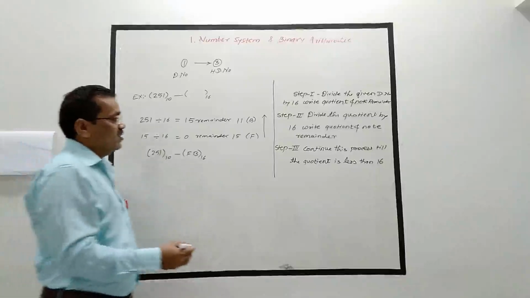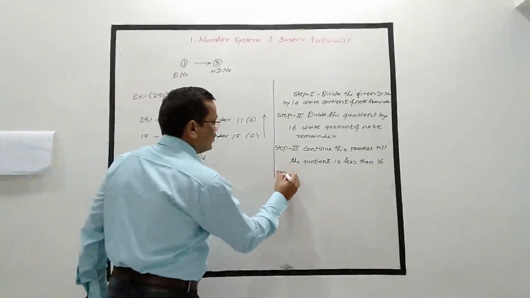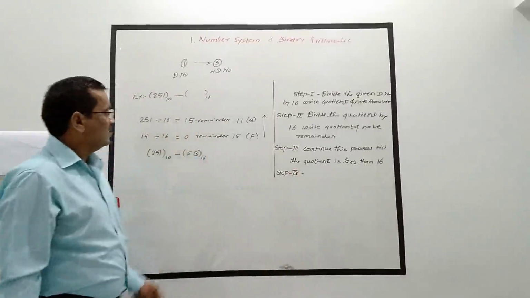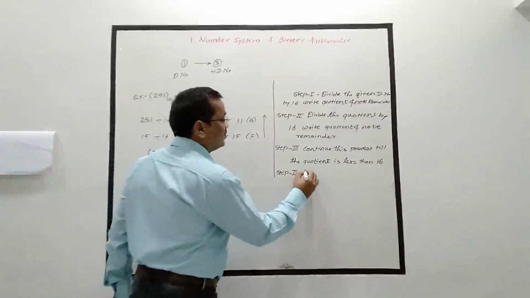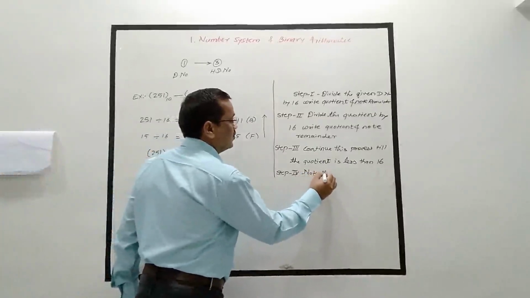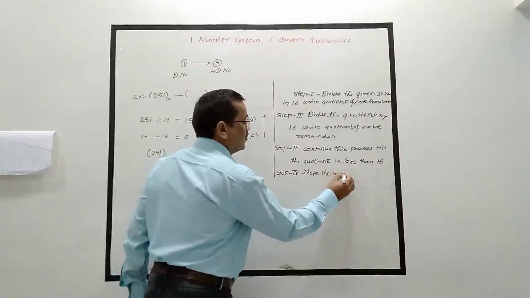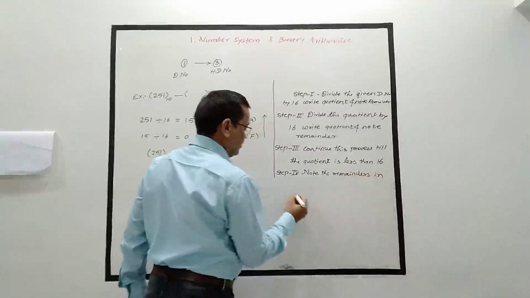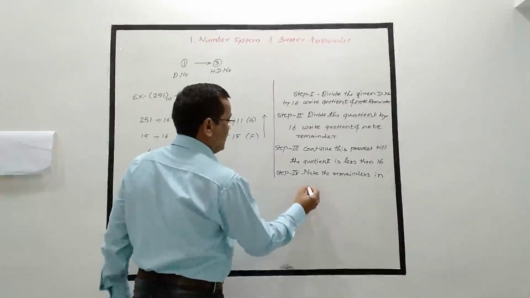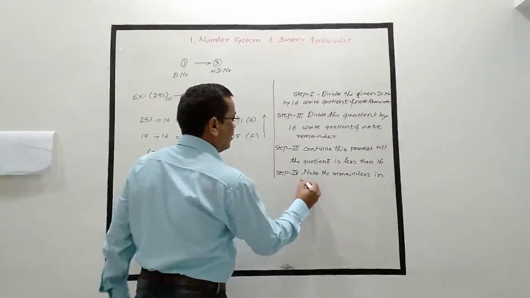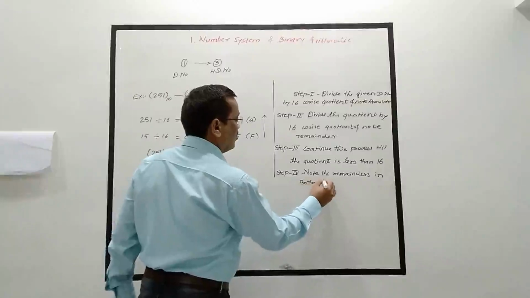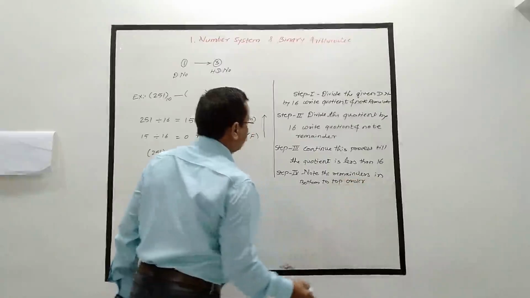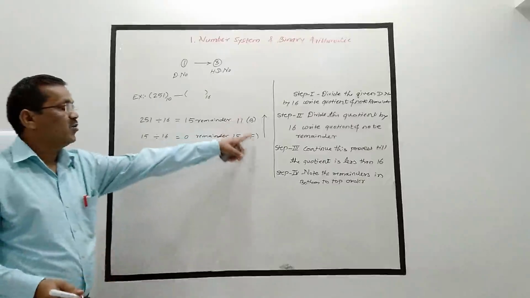Step number 4. Note the remainders in bottom to top order, as shown by the arrow in this example.